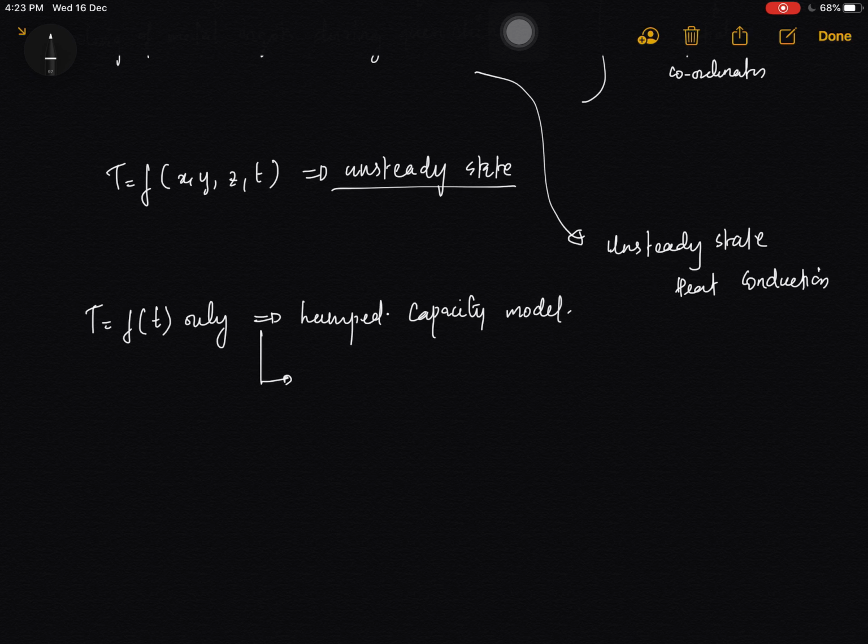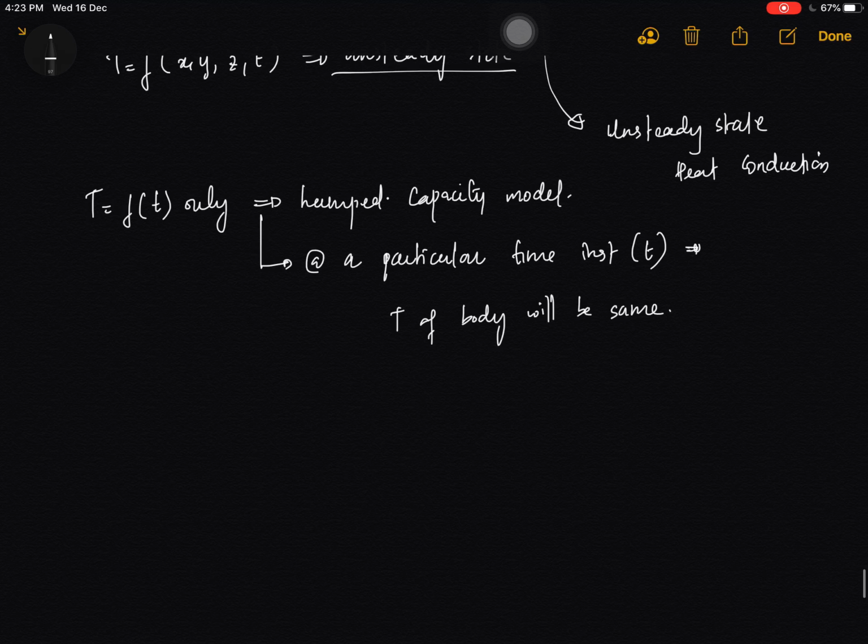What happens if we consider temperature as a function of time only? At a particular time instant, say t, the temperature all over the body will be the same.